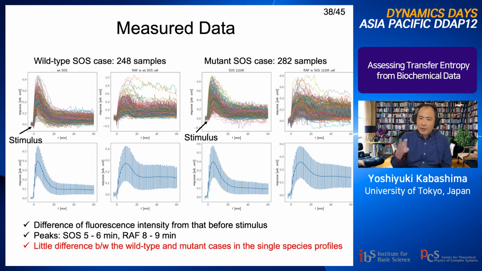For example, for this kind of chemical reaction case, we have some model. Probably the first thing we should do is generate some data from the nonlinear stochastic equations and evaluate it by our method.